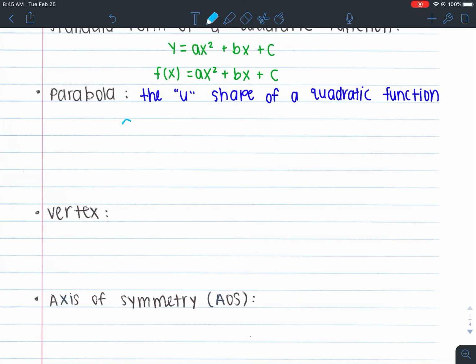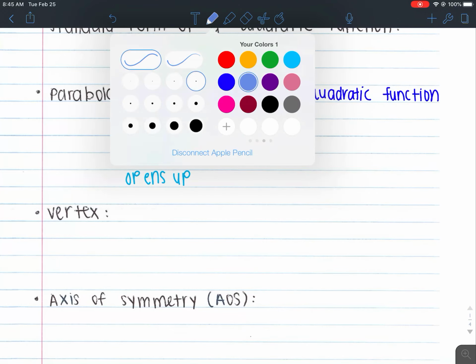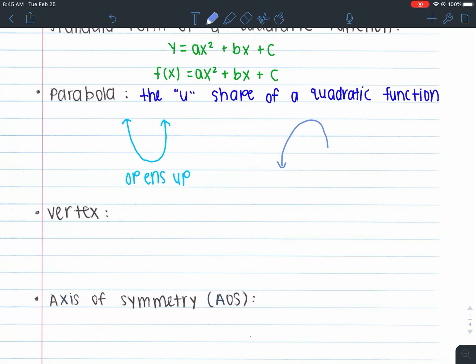One way you'll see quadratics is if they're facing up like this. So you can have one that opens up. Okay, you could also have one that opens down. So it might look like this. Okay, so you'll have two types of parabolas in Algebra 1. In Algebra 2, you'll have a couple others, but in Algebra 1, your parabolas are either going to face up or they're going to face down.